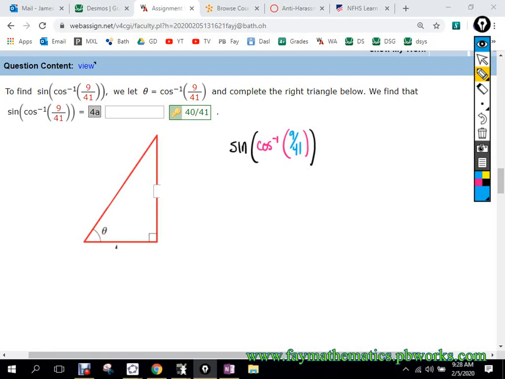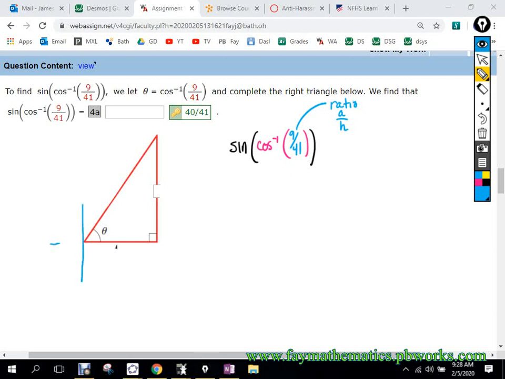So what we need to know is that 9/41, if it's a cosine inverse, physically is a ratio of the adjacent side divided by the hypotenuse, correct? Yeah. When I look at my triangle here, this is positive, so this cosine is either going to be in the first or fourth quadrant.